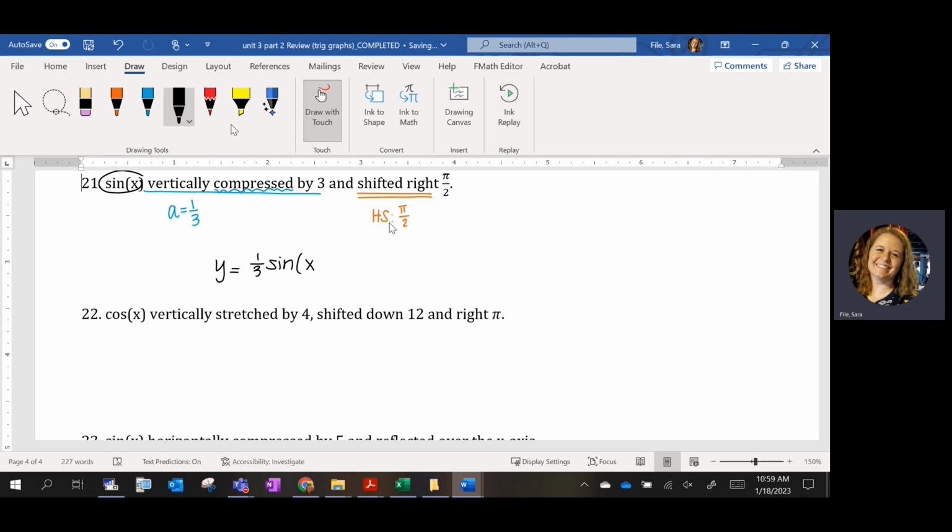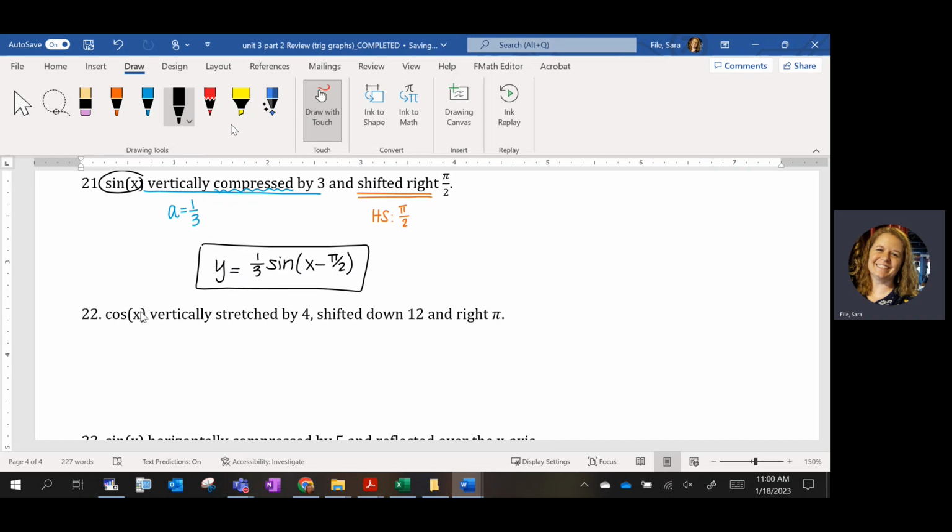And then your horizontal shift, remember, it's the opposite. So it's going to be minus pi halves. Okay, and then there is no vertical shift. So the D value is an understood 0. So nothing written at the end outside the parentheses. Does that make sense?